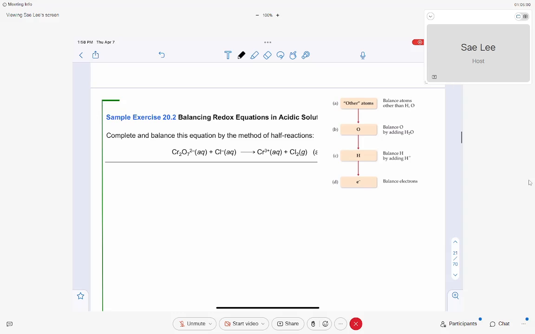Let's try to balance this redox reaction. Since the very first step is to write the half reactions, we need to figure out which substance got oxidized and which substance got reduced.